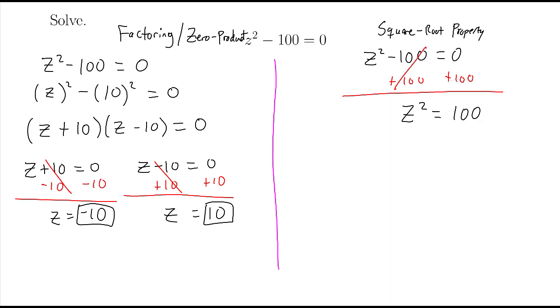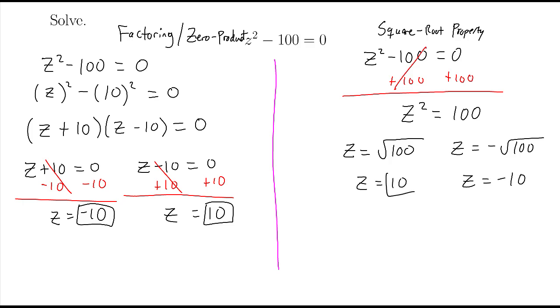Now remember, the square root property says that if you have something squared equals something else, like this number 100 right here, then the thing that's being squared is equal to positive square root of that number and negative square root of that number. So square root of 100 is 10, and the negative square root of 100 is negative 10. So there we are again with our two solutions.